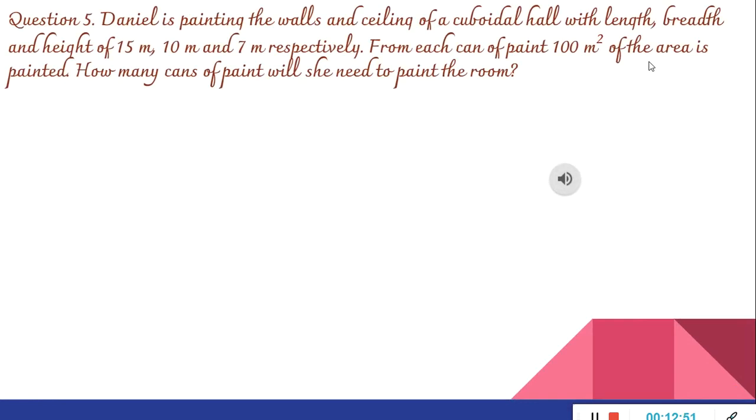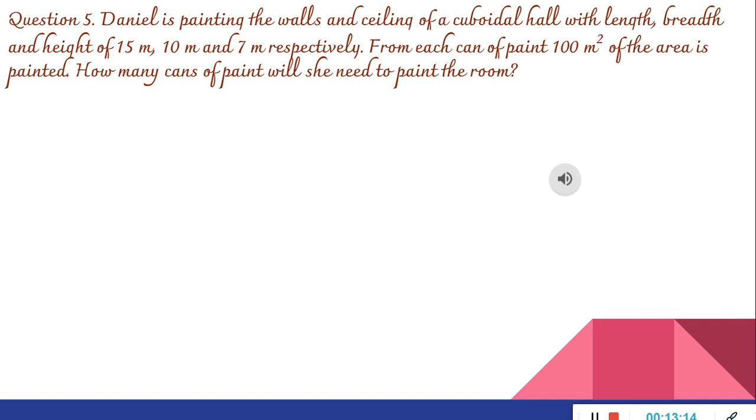Now let's see question number 5. Daniel is painting the walls and ceiling of a cuboidal hall with a length, breadth and height of 15 meter, 10 meter and 7 meter respectively. From each can of paint, 100 meters square of the area is painted. How many cans of paint will she need to paint the room?